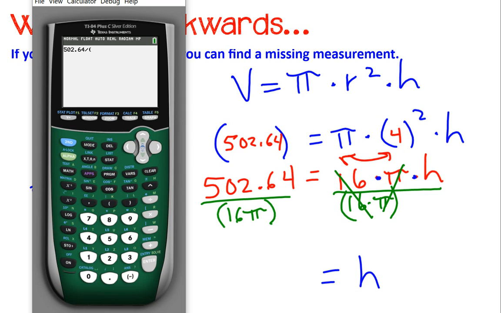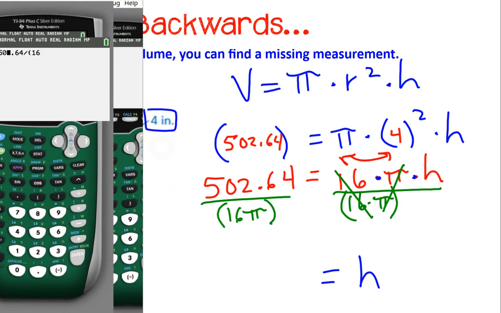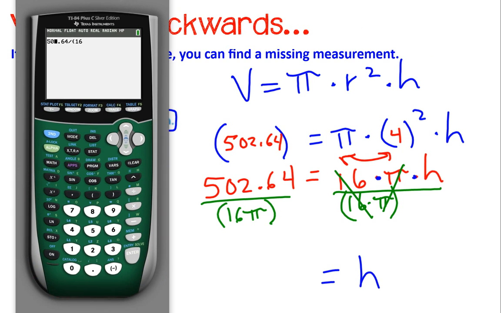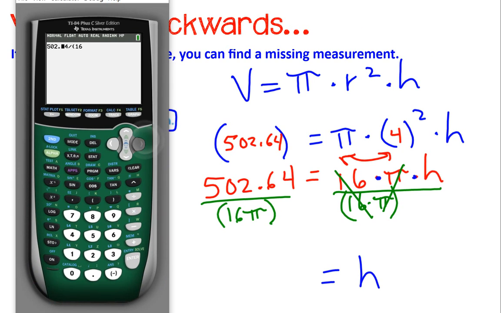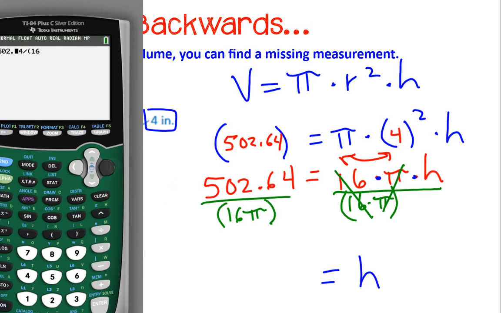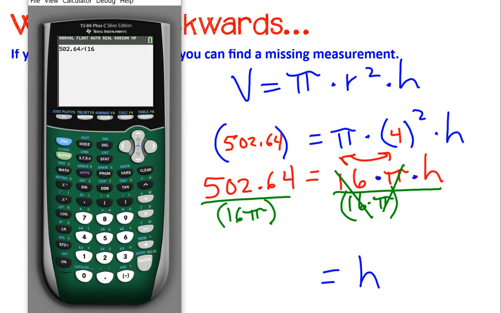So I'm going to divide by both of these things, 16 and times pi. Whoops. 16. Gotta get my cursor back over there. My calculator keeps minimizing and maximizing on me. Here we go. Now on my calculator, I don't have to press the times sign, but on yours, you might.